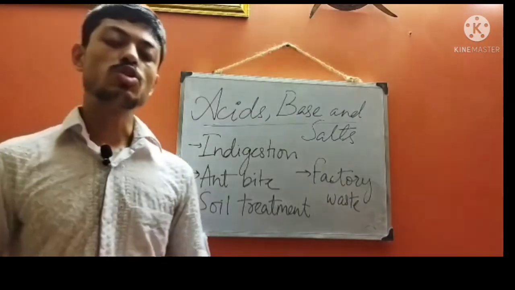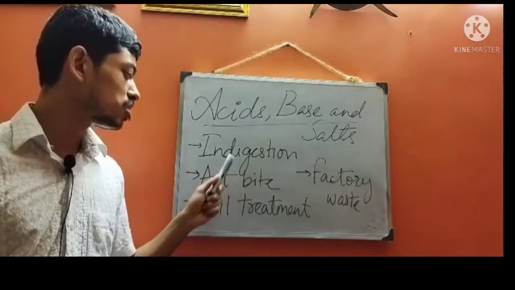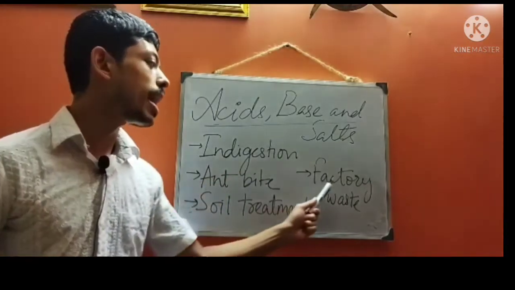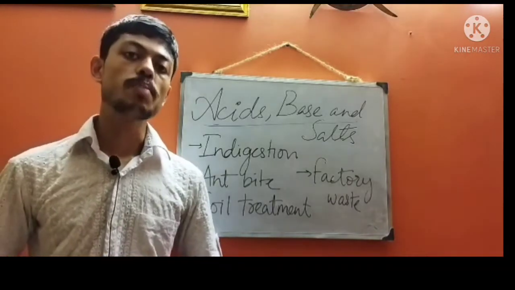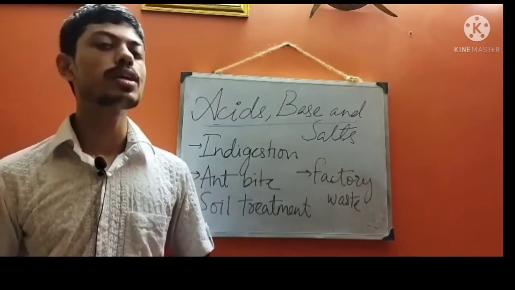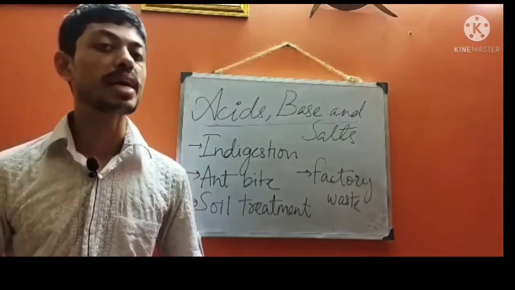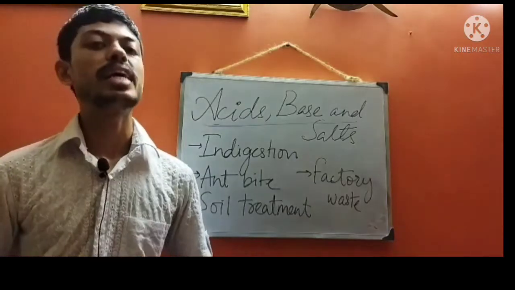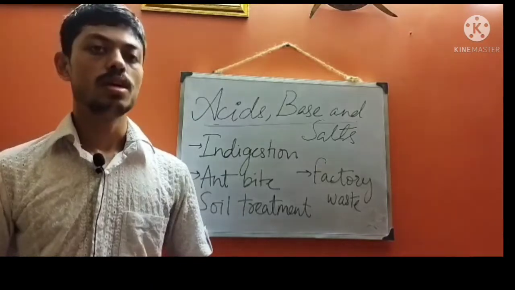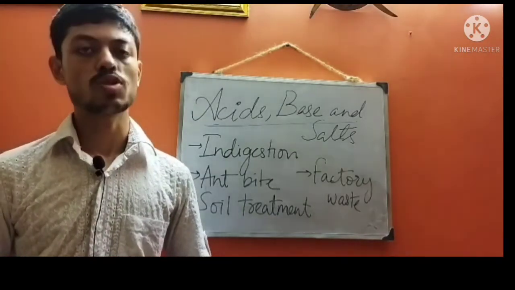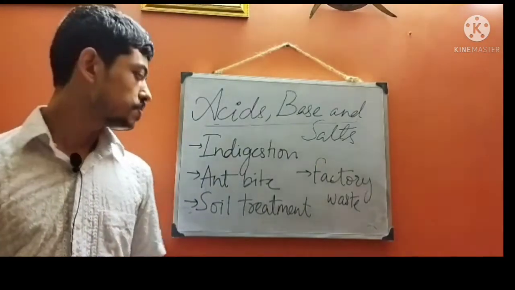Here we would be discussing indigestion, ant bite, soil treatment and factory waste. In case of indigestion, when our stomach produces excess hydrochloric acid, to get relief we use milk of magnesia, which is magnesium hydroxide, to neutralize the excess hydrochloric acid in the stomach.